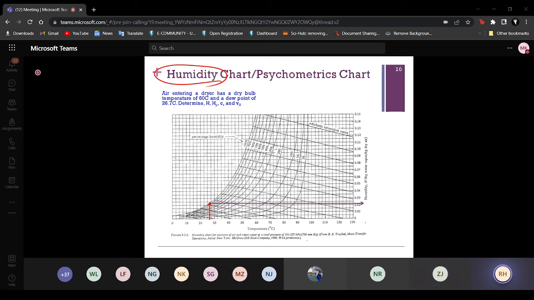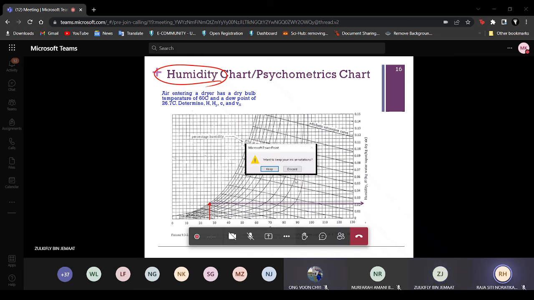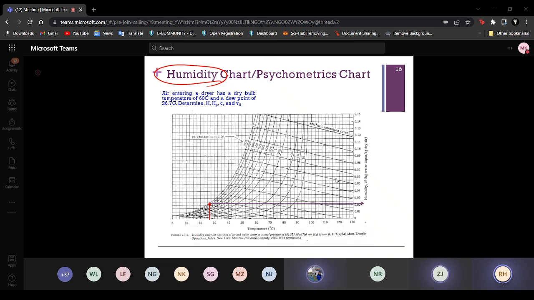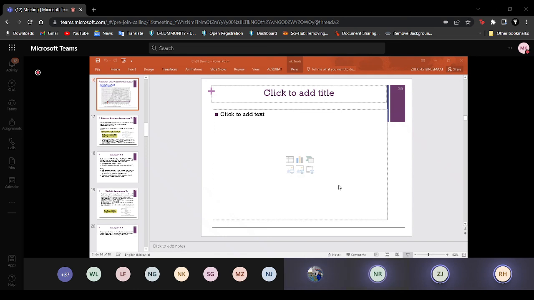Okay, if there are no questions, then I think I will end the lecture at this slide. Next week we're going to continue. I hope you will read through some part of the material, because I think there's the humidity chart, and then adiabatic and so on.